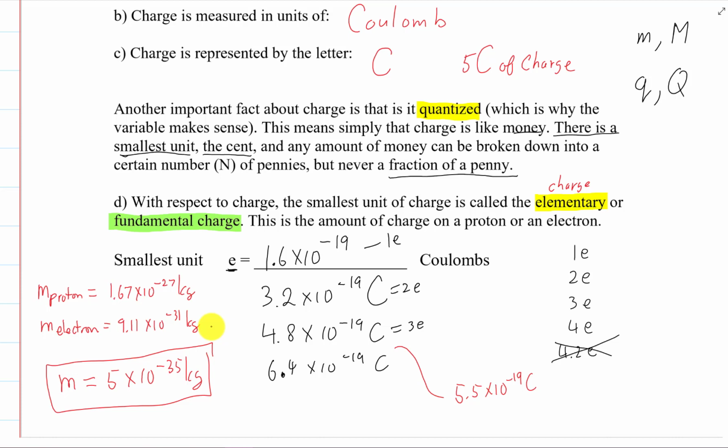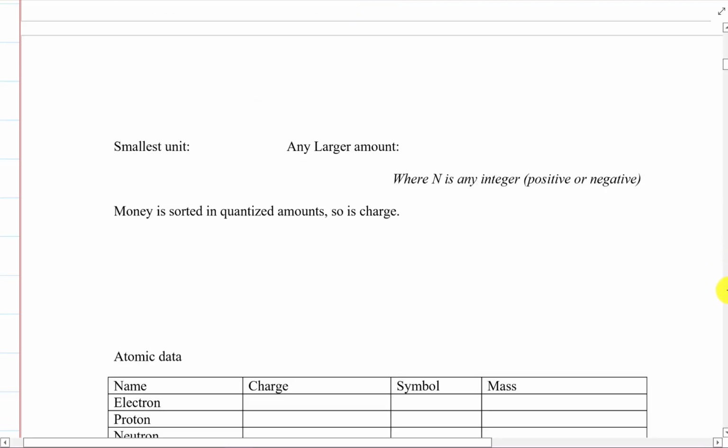But you couldn't have a mass of 4.11 times 10 to the negative 31st. That's about a half an electron. You can't have something that has mass of half an electron. Why? Because the electron is the smallest. That's quantization.